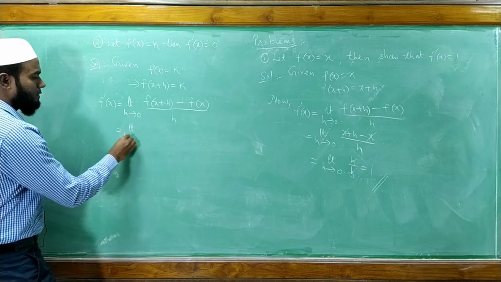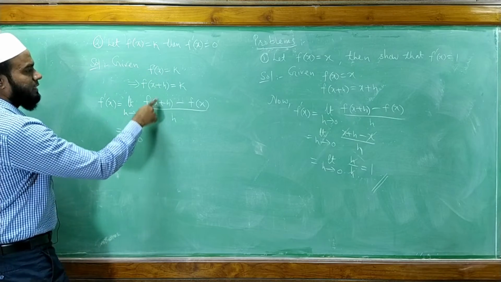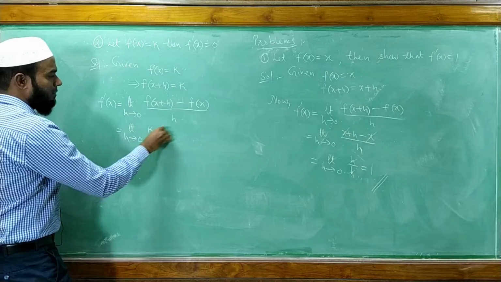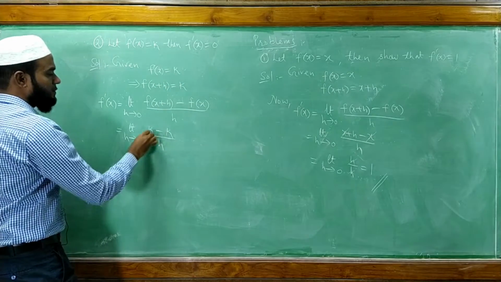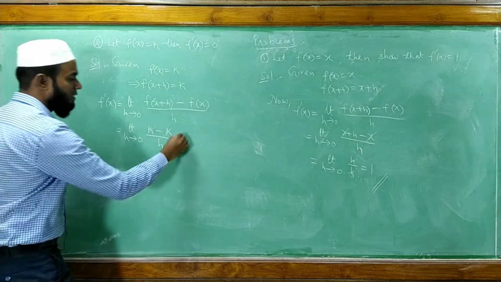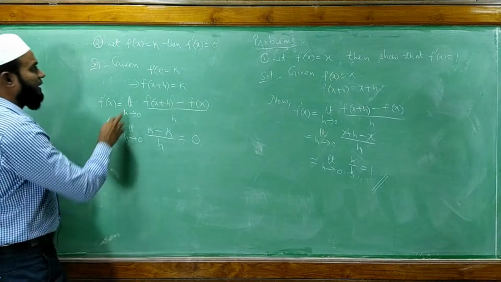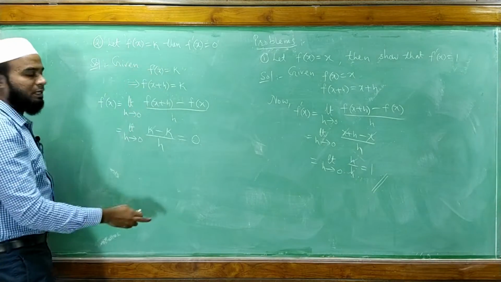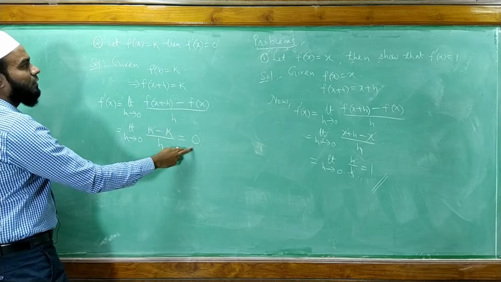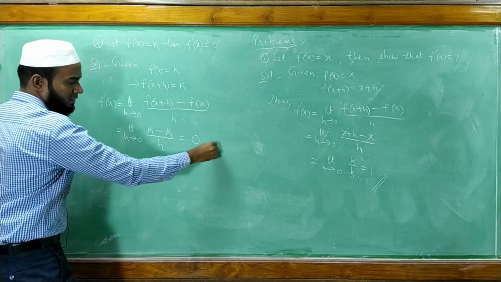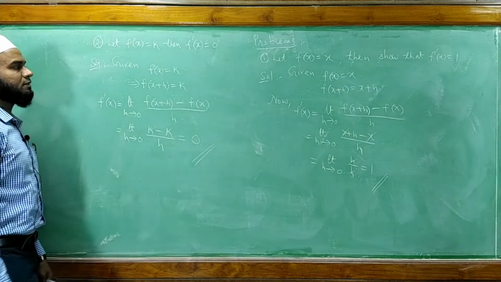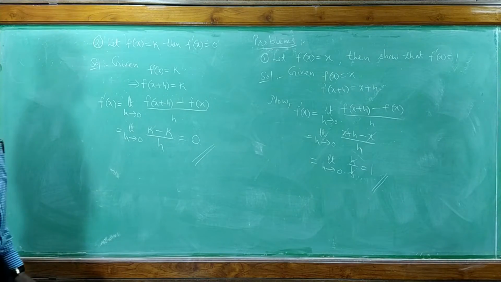Limit h goes to 0, f of x plus h is given by k minus f of x is given by k, divided by h. So k gets cancelled, what will remain? 0. So that's why when f of x equals any constant, then the derivative will be 0. So what we can say, derivative of a constant is always 0, right? Have a look at this, students.